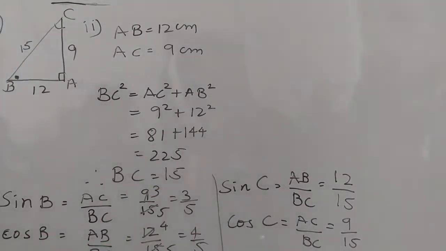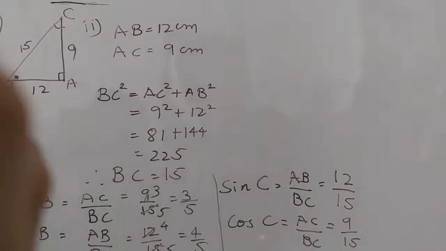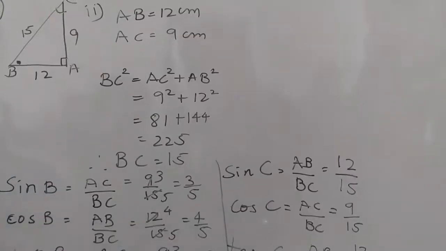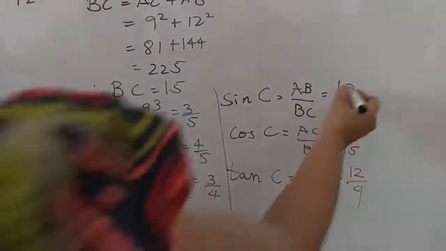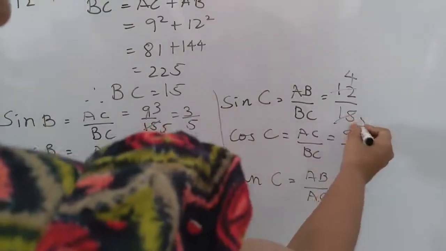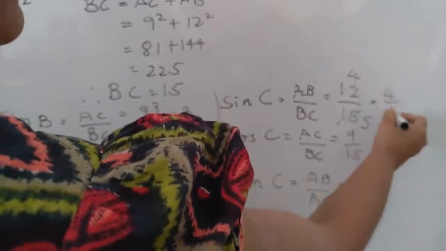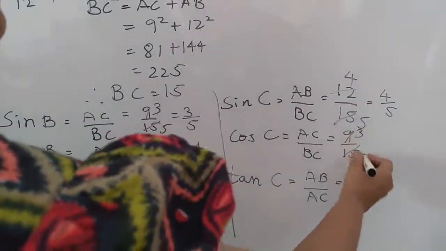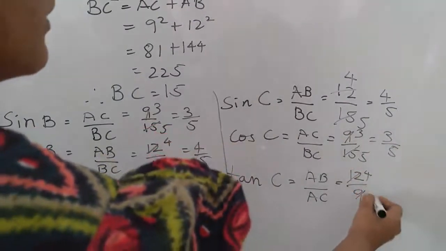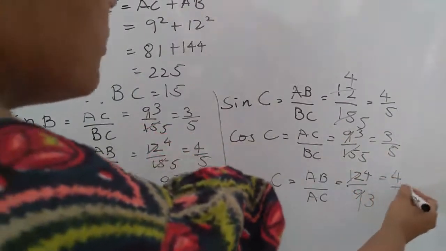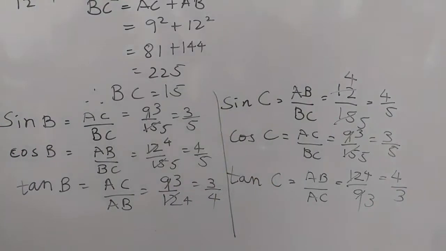Now by cancellation you can get all the three ratios. Here I cancel: 4 threes are 12, 5 threes are 15, so I get 4 by 5. 3 threes are 9, so 3 by 5 is cos C, and tan C is 4 by 3. Likewise you can write all the three ratios accordingly.